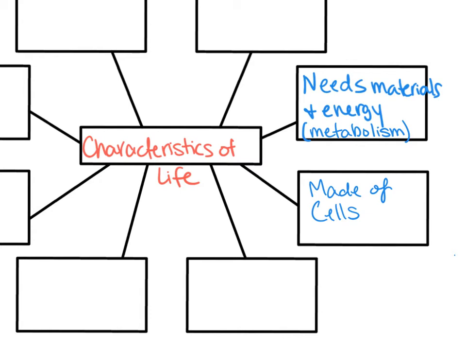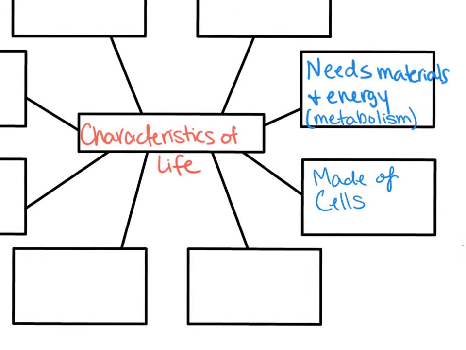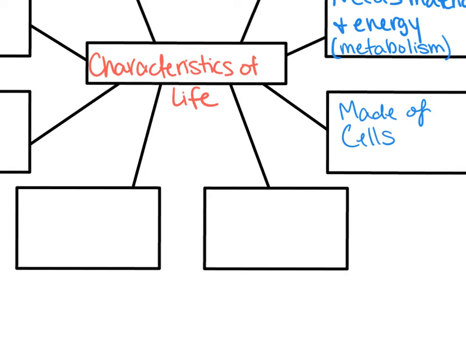They are just some kind of genetic material surrounded by some kind of protein generally, and maybe some lipids outside of that. We're going to learn about what those things are as well, but they're not made of cells. So bacteria are made of cells, so they're alive, but viruses are not made of cells. Cells have different characteristics, and we'll be learning about different types of cells this week as well.